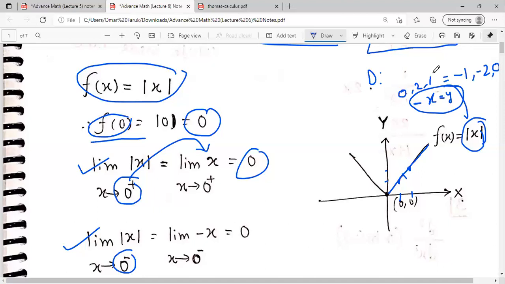So we get three coordinate pairs: 1 comma minus 1, 2 comma minus 2, and 0 comma 0. Sorry, minus 1 comma 1, and minus 2 we get 2, and 0 we get 0. So can you see our graph is going this way. This is the graph of f(x) equal to modulus x.